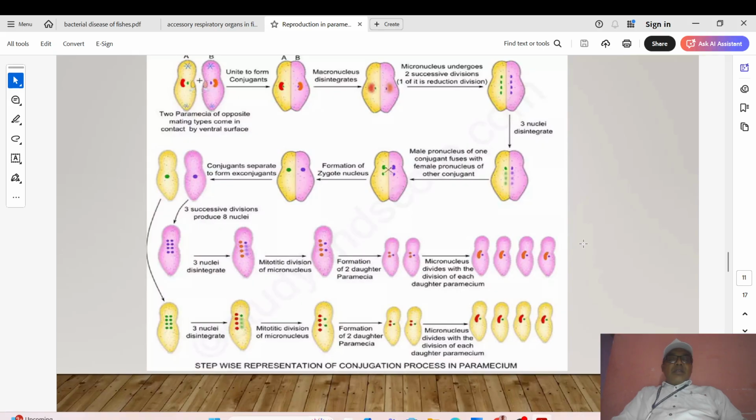This is clearly seen with different colors. So these are about the reproduction. Earlier we described asexual reproduction, and these are the conjugation or sexual reproduction in Paramecium.